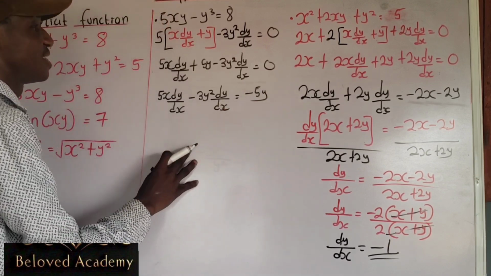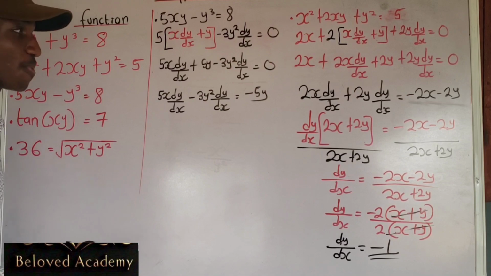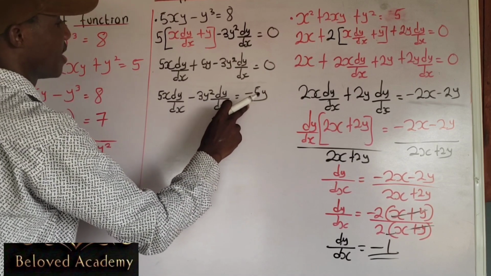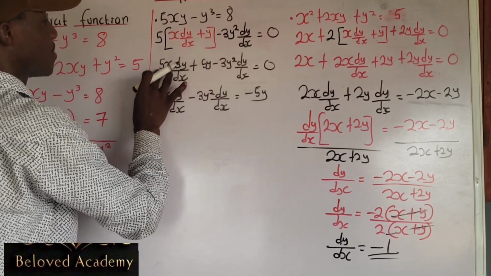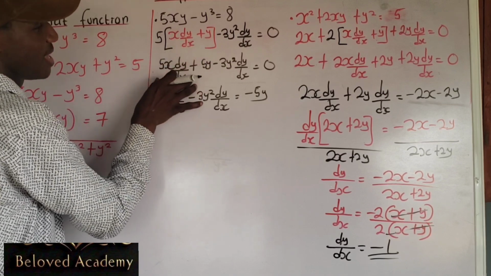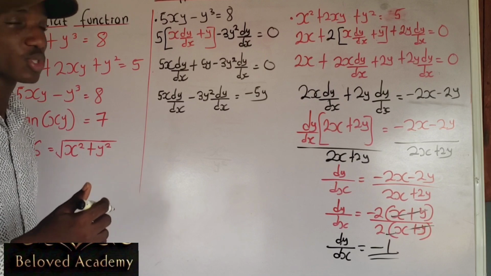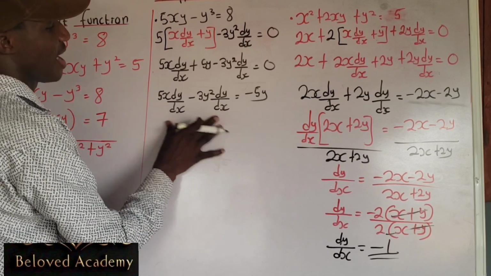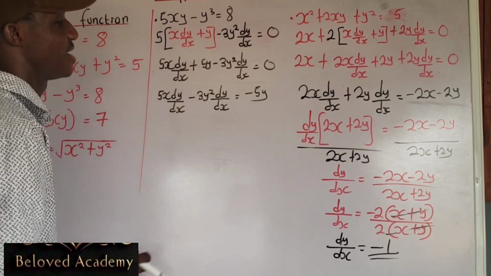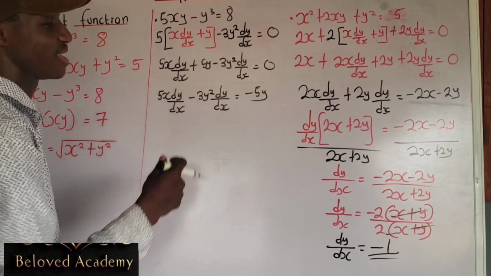You know what I did? This positive 5y, take it to the other side of the equation, we're going to have negative 5y. So I collect like terms, both 5x dy/dx and negative 3y squared dy/dx, both of them have dy/dx, so I take them together so that when I factorize, I'm just going to divide by 5x minus 3y squared.